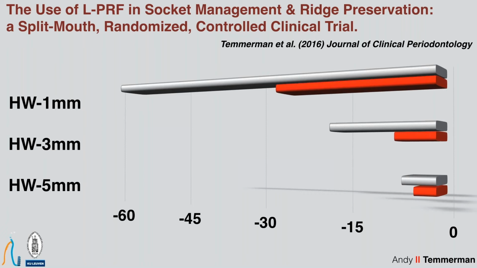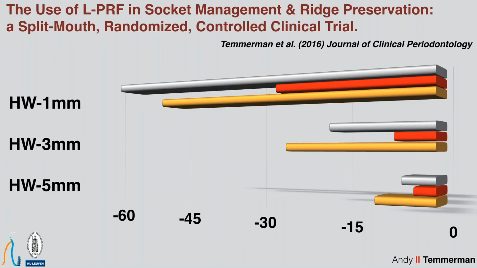And in red, you can see the L-PRF group. And now in yellow, you can see the ridge reduction when Ronnie Jung did an unassisted socket healing. So he lost approximately 47%, which is a little bit less than we achieved in Leuven. And then when he performed a DBBM with a soft tissue punch on top, he was able to reduce the alveolar ridge width reduction to approximately 18 to 19%.